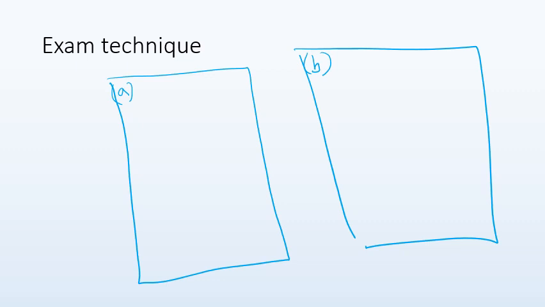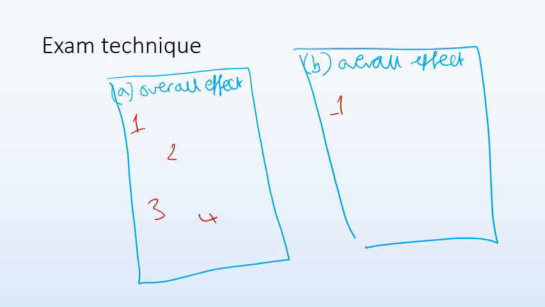I'm going to begin each of them with an overall effect sentence. Overall effect. And then I'm going to find my 4 images. 1, 2, 3, 4. 1, 2, 3, 4. And that is it.